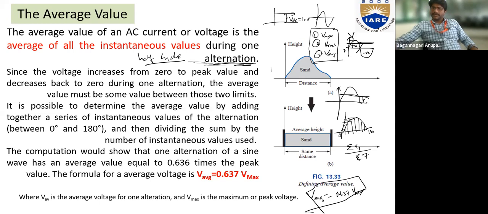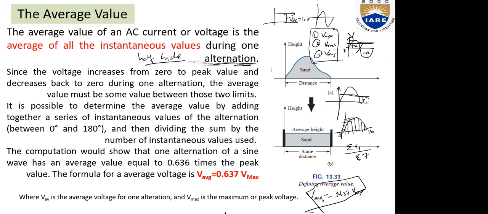Since it's a pure sinusoidal waveform, even if I take any number of instants of the values and calculate it, we get only 0.637 times V maximum. And V average can be given as 0.637 V maximum. That is what the derivation is.